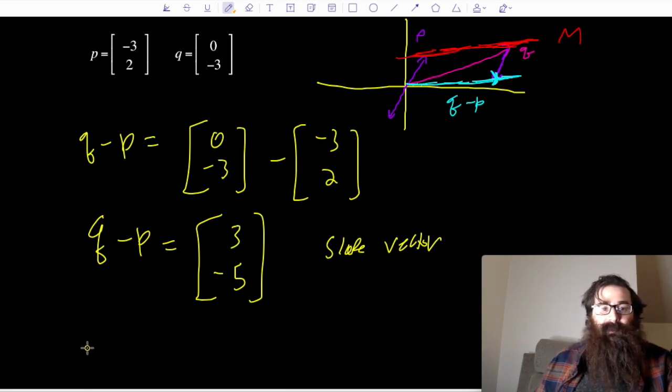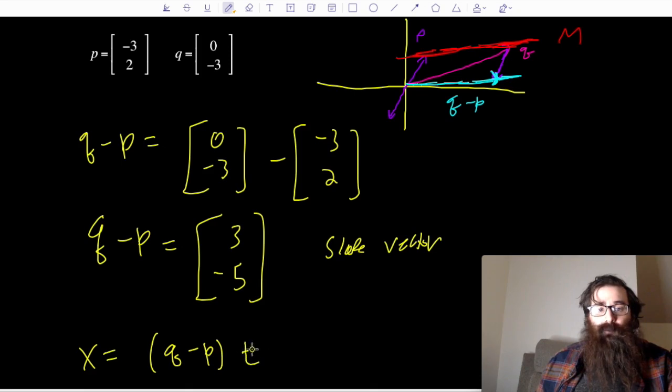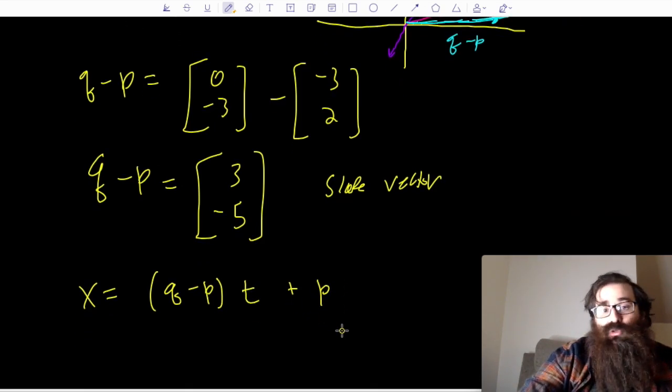If I want to call it something, I can call it x. I'm going to write down the generic description first. I'm going to use q minus p as my slope vector. I need a parameter. I'm going to use parameter t. Seems safe. And then plus I need one of my points in here. I'm going to use p for that, but you could use q.